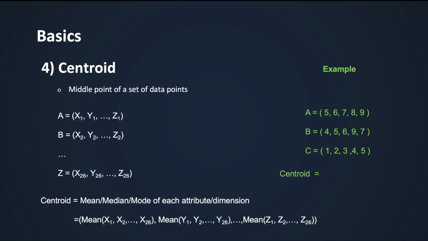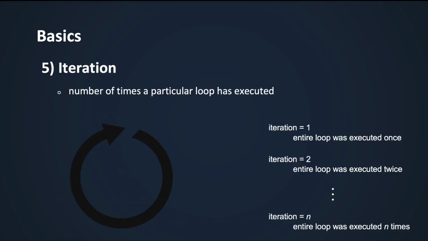Given these three objects, the centroid of these three objects represents a point which is in between A, B, and C. That is, we simply take each attribute, calculate the mean value of each attribute, and then we put them here. So this represents the centroid.